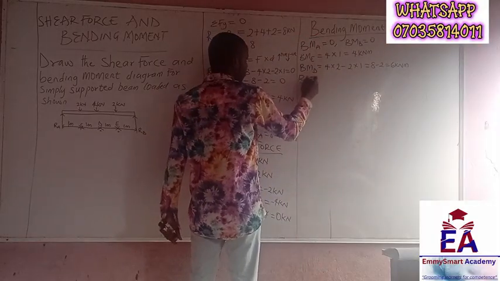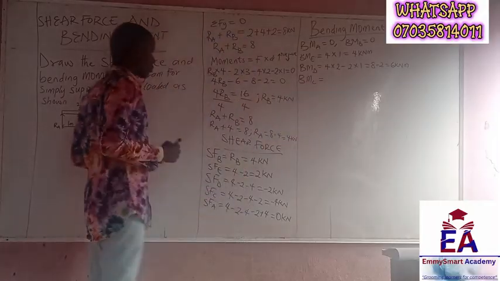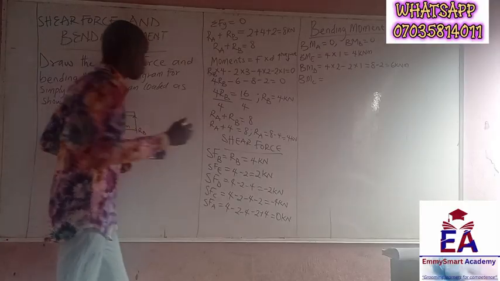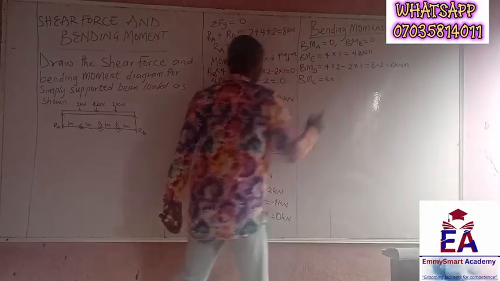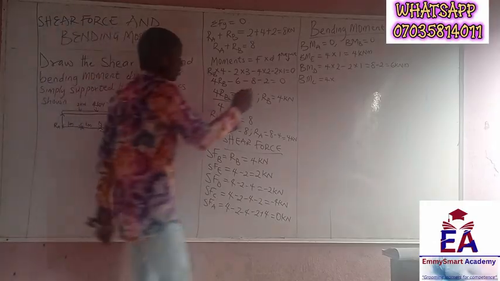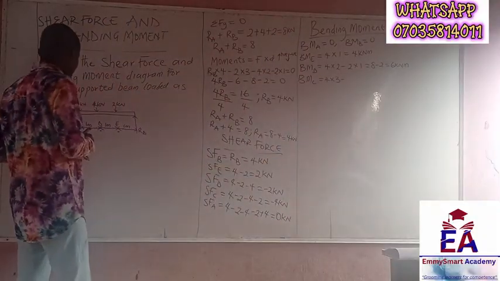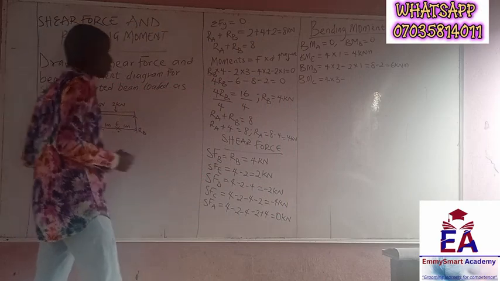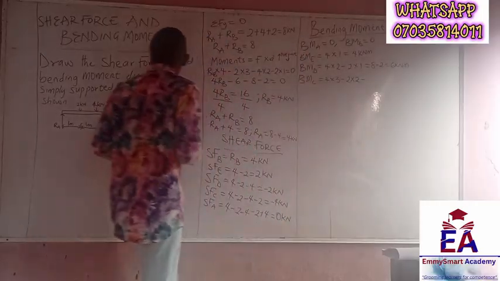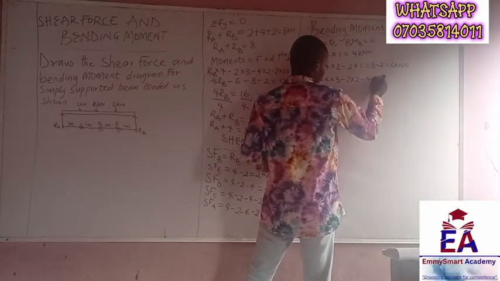So bending moment at point C will be 4 times, yes, 1, 2, 3, 4 times 3, minus 4 times 3 minus 2 times 2, minus 4 times 1.